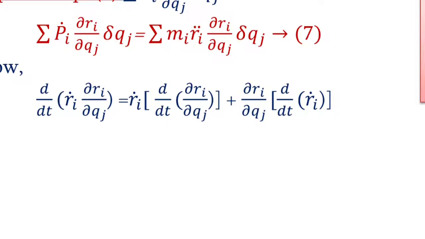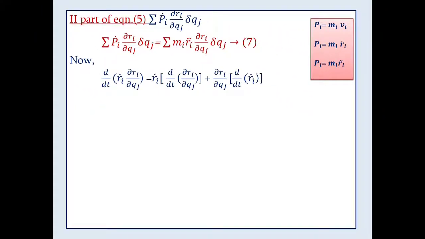Inside the bracket, Ri dot is u, and dou Ri by dou Qj is v. We know d of uv is equal to u dv plus v du. We are making use of that formula. First we do u dv. So u is Ri dot, dv is d by dt of dou Ri by dou Qj, plus v du. V is dou Ri by dou Qj, and du is d by dt of Ri dot.